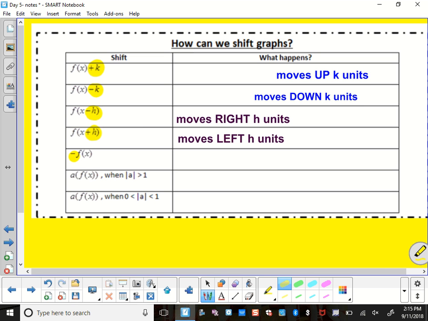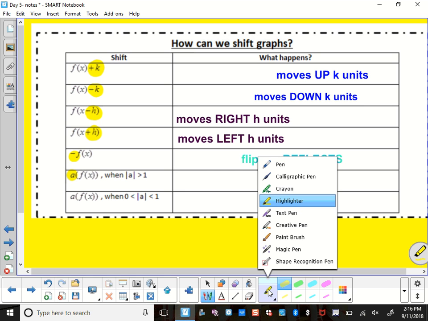If there is a negative in front of our function, we are going to flip or reflect. All of these are functions. If our number in front of our function is bigger than 1, let's go ahead and write that in.